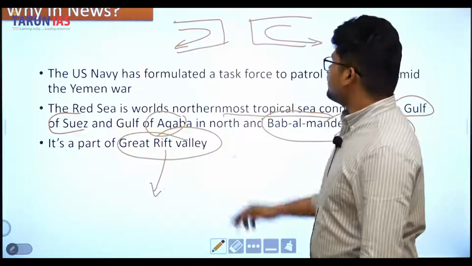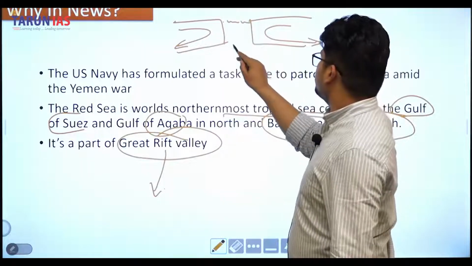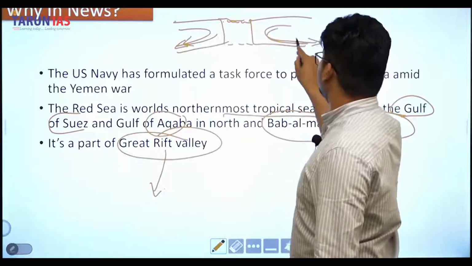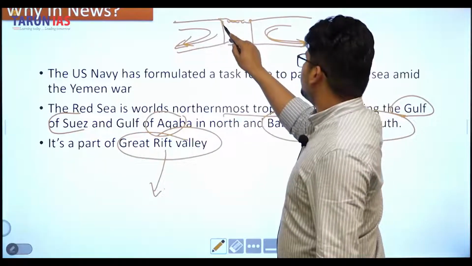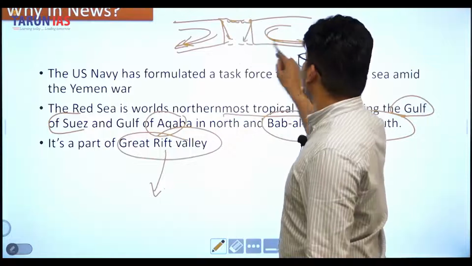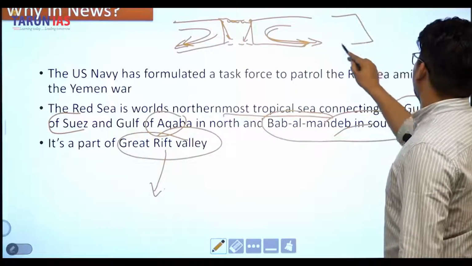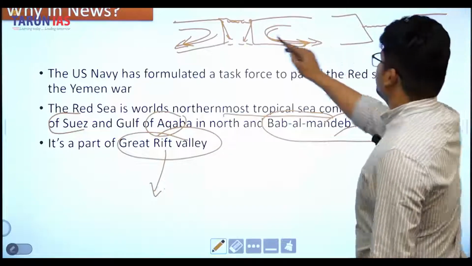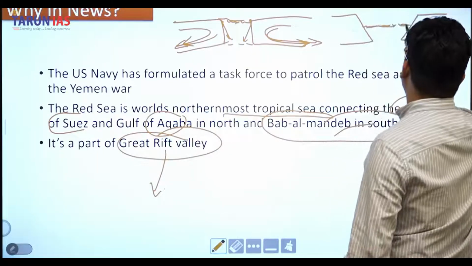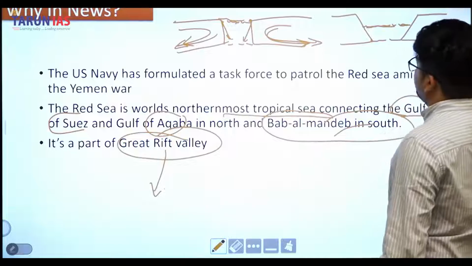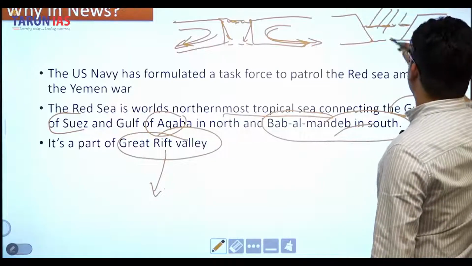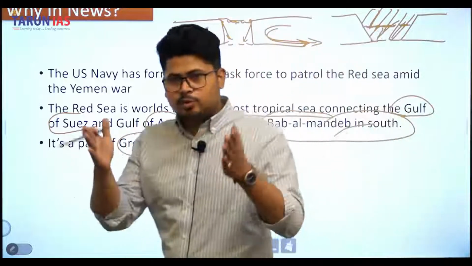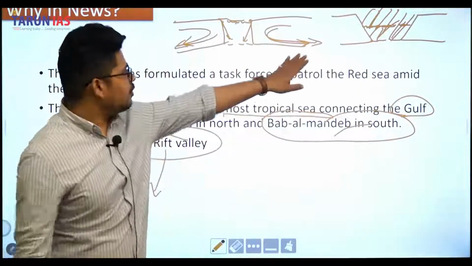If we consider this as a continuous mass of land and these plates start moving away from each other, this block will start subsiding. This portion subsides at this level and gradually it might come to this also, and this valley is called Rift Valley. A zone of subsidence has formed. This is called Rift Valley.